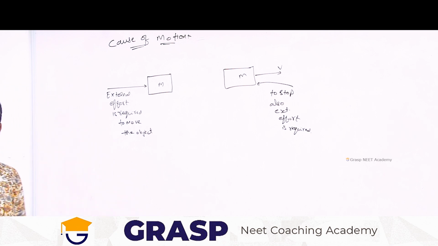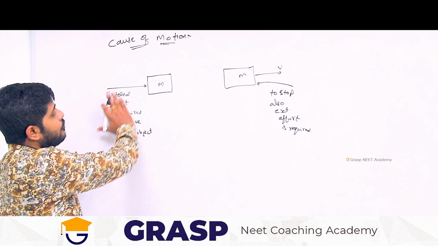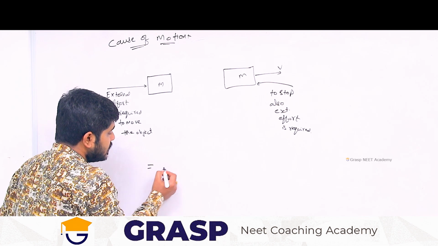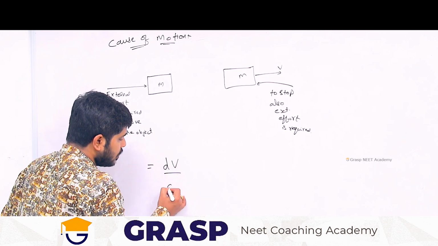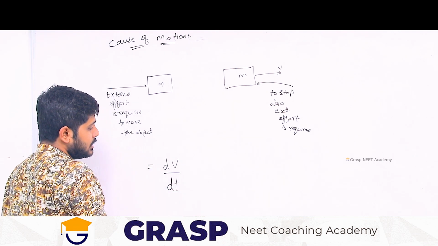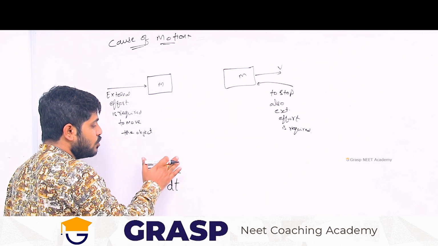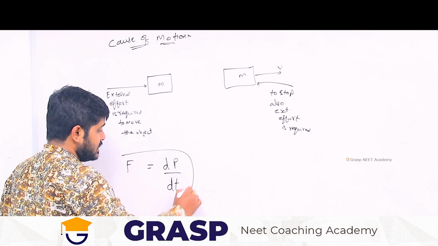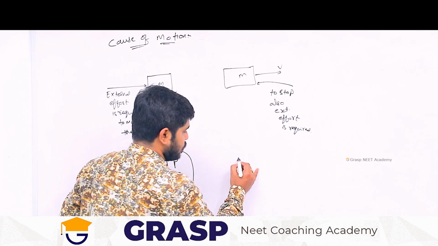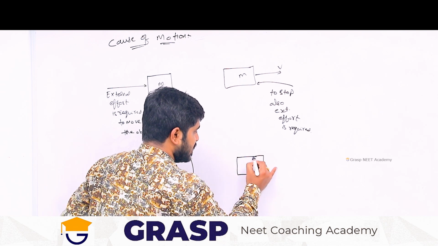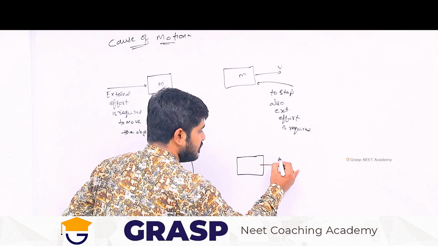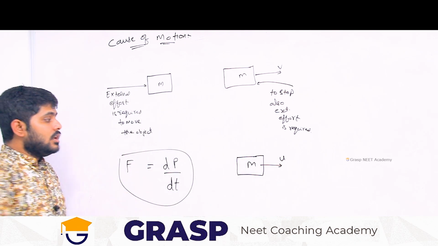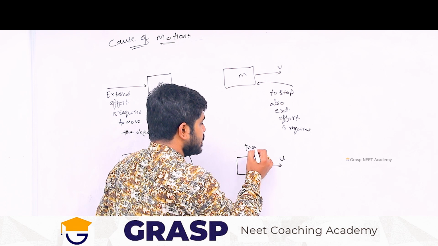Now in the second law he said that, for the force we are giving, the rate of change of momentum with time is nothing but force. What is this rate of change of momentum? Suppose initially the object has a velocity u at time t equal to 0.